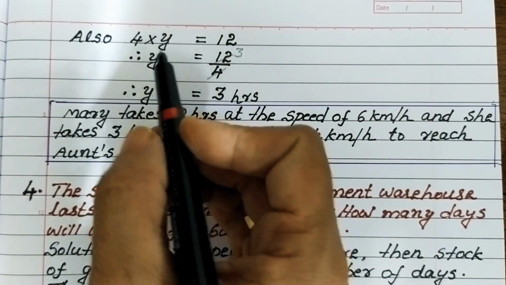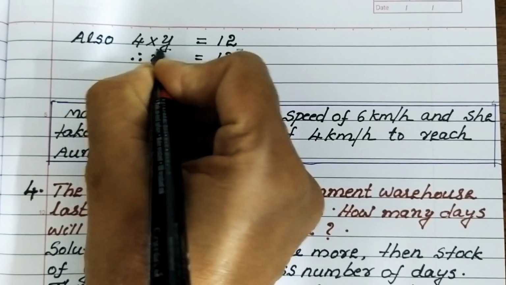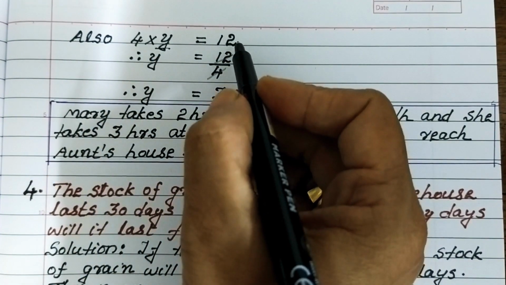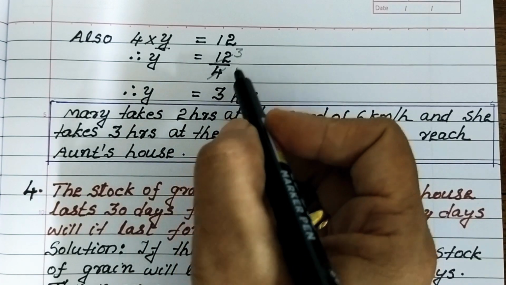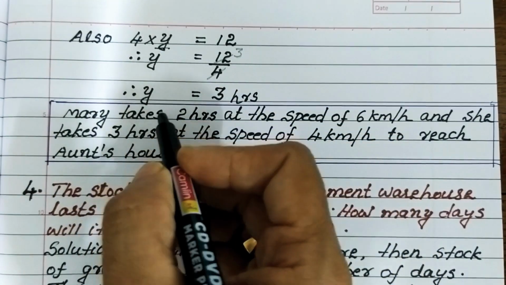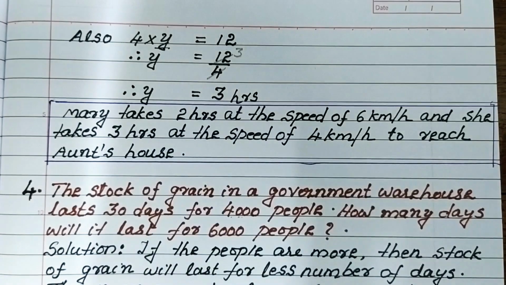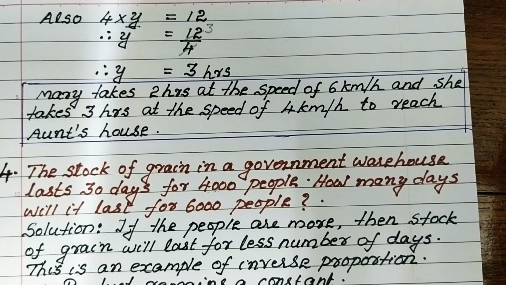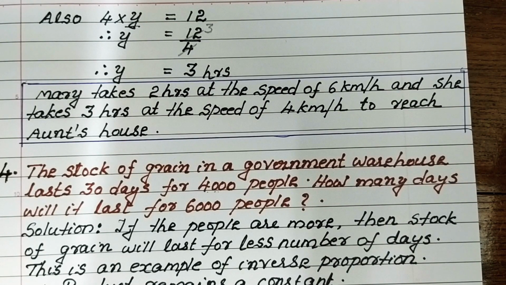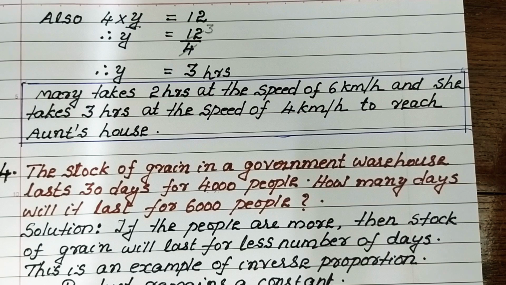Therefore, y equals 12, take this 4 to this side, 12 upon 4. 4 threes are 12, therefore y equals 3 hours. Understood? So last statement: Mary takes 2 hours at the speed of 6 km per hour and she takes 3 hours at the speed of 4 km per hour to reach her aunt's house.